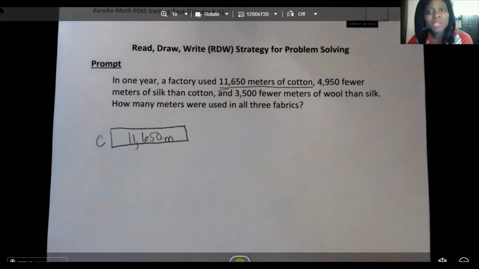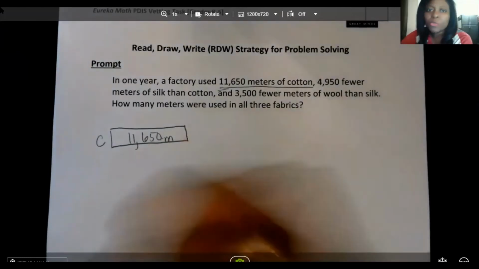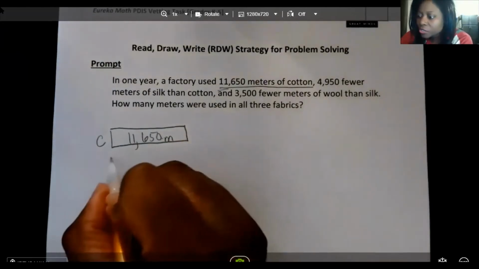Somebody said number bond. So yes, you could represent it in a number bond because there are parts to this. We know the original amount was 11,650. Fewer was 4,950 fewer meters of silk than cotton. So yeah, you could do that as well. But we're going to stick with our tape diagram.